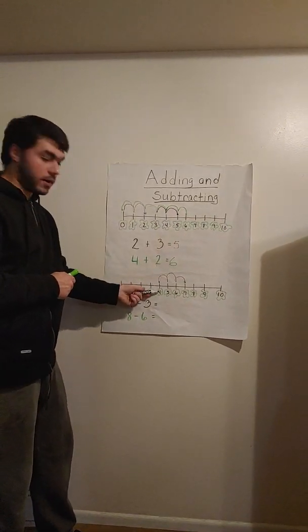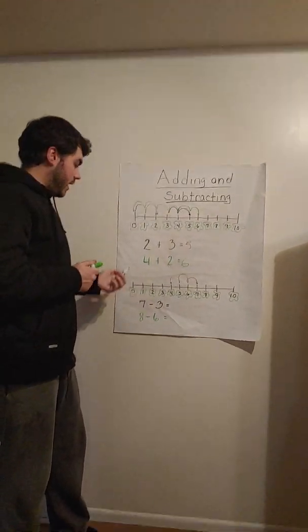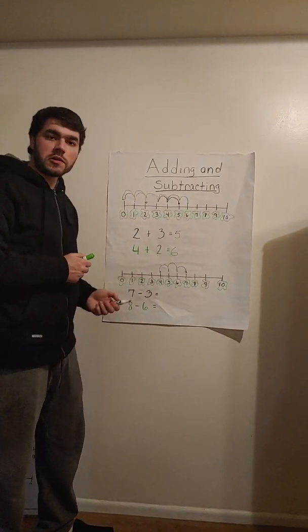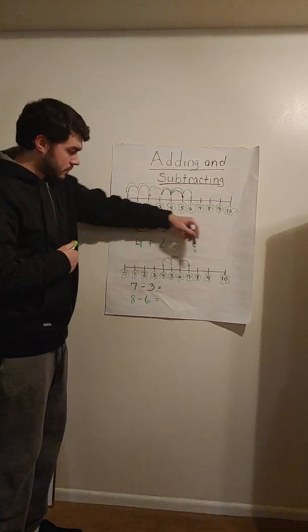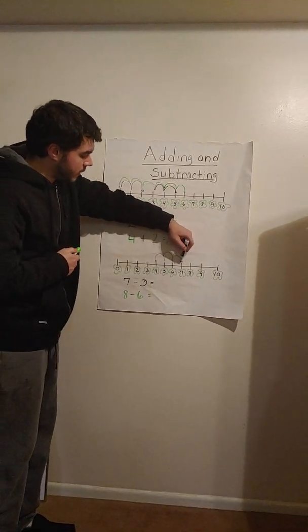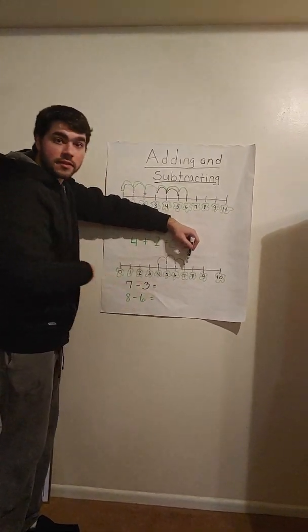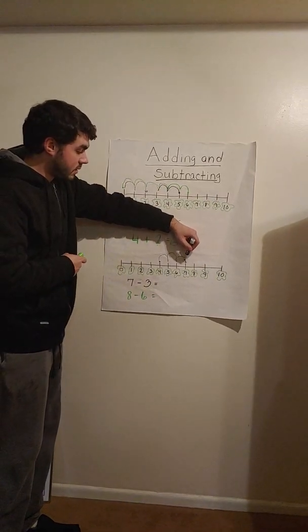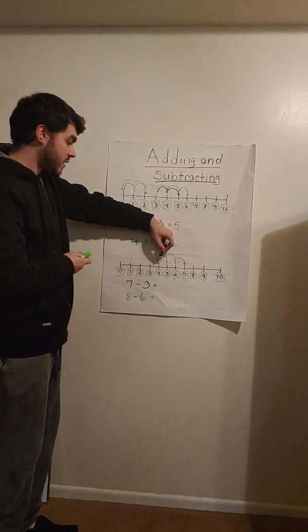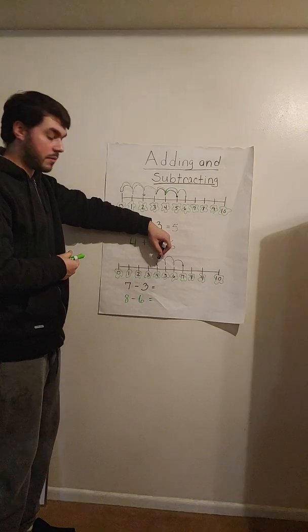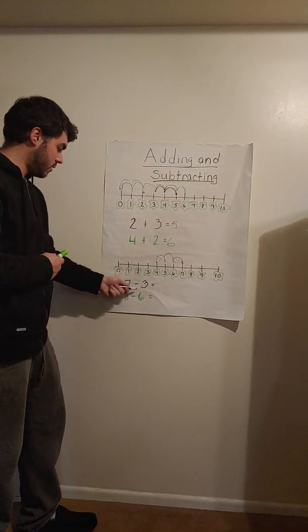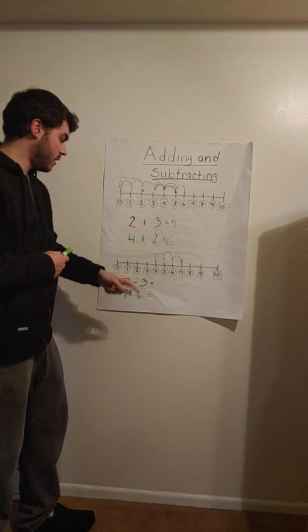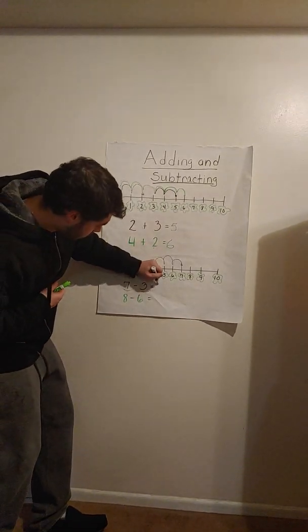Now our frog is right here. And it looks like our frog is on the 4th lily pad. But why is that? Well, we started from the 7th lily pad and we moved by 3 lily pads. 1, 2, 3. So now our frog is on the 4th lily pad. So what does that mean? Well, it means 7 minus 3 equals 4.